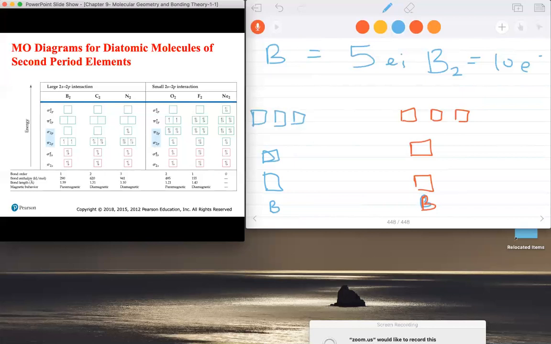So if I fill in with the electrons, this has 5: 1, 2, 3, 4, 5, for atomic number 5. I'll do the same thing for this: 1, 2, 3, 4, 5.